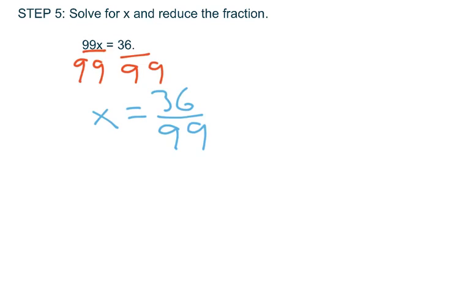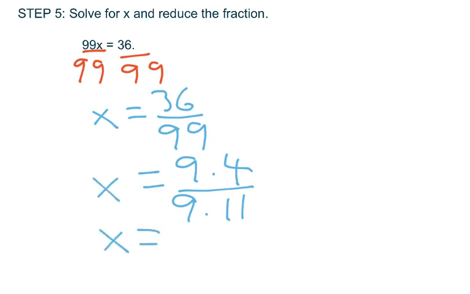We wanted to convert that repeating decimal into a fraction. Now, this should reduce. Notice that the 36 is 9 times 4. And the 99 is 9 times 11. So x is equal to, once we divide out the 9s, 4 over 11.